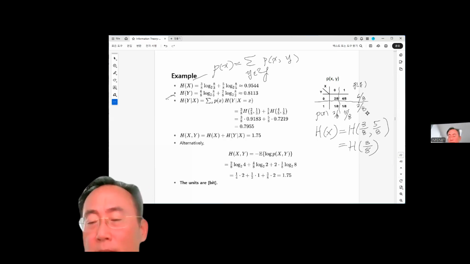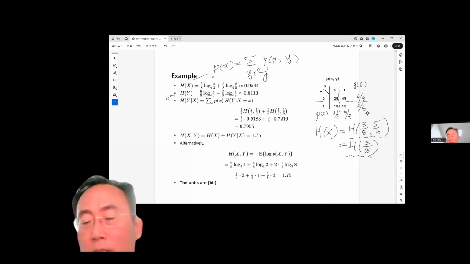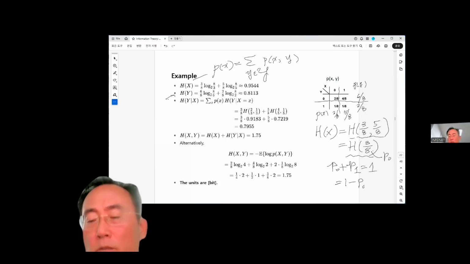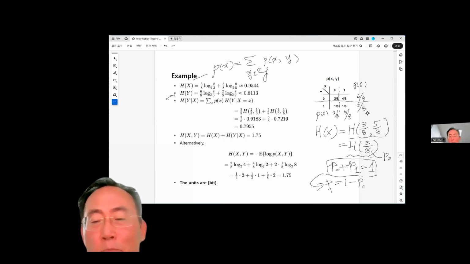These are shorthand notations for this case. Since you have a binary random variable, if you say this is p of 0, then 1 minus p of 0 is p1. You can obtain that from the axioms of probability. You are going back to the basic fundamentals.